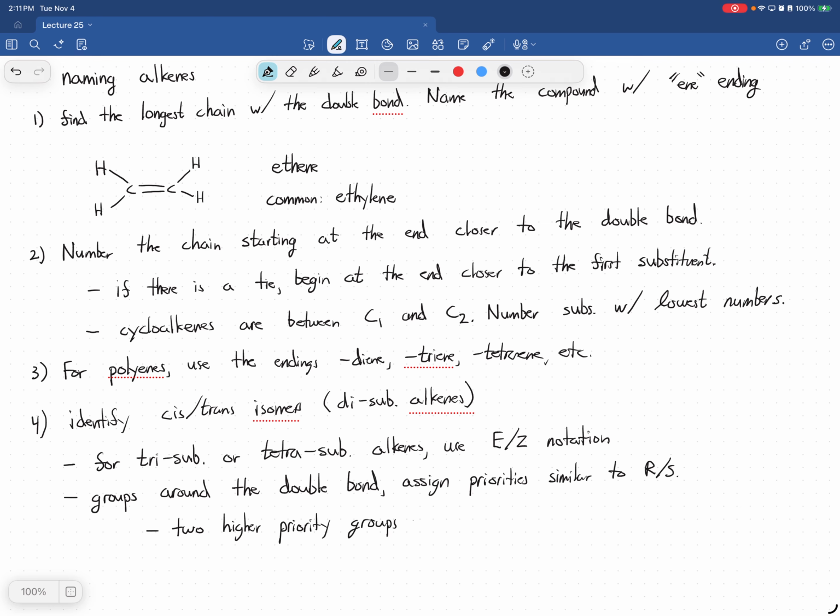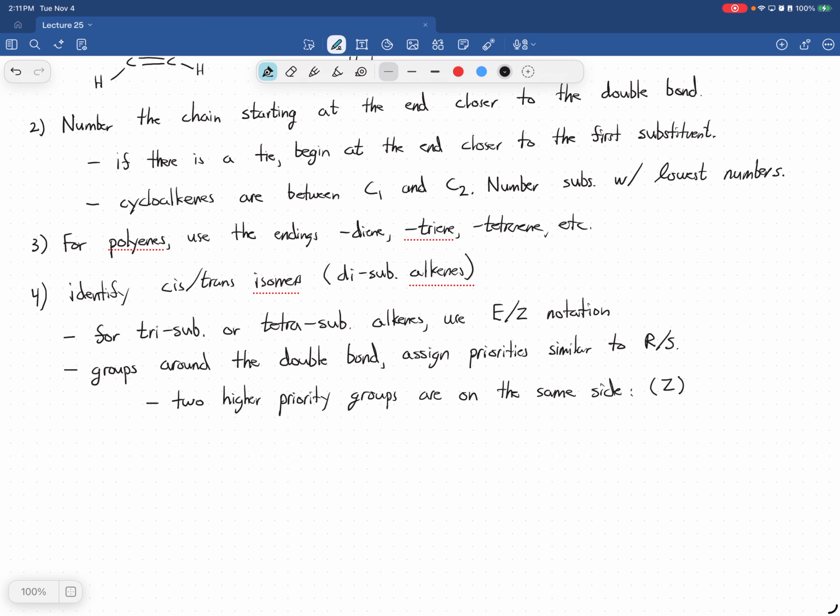If two of the higher priority groups are on the same side, that's called zusammen. In German, that means the same side. So that's Z. Now, if they're on the opposite side, that's called entgegen, and that's opposite.